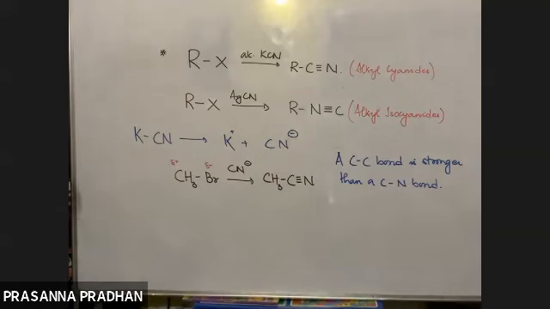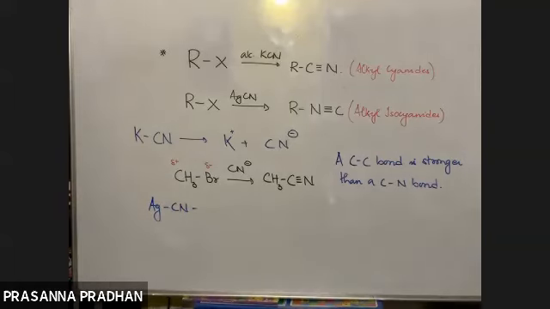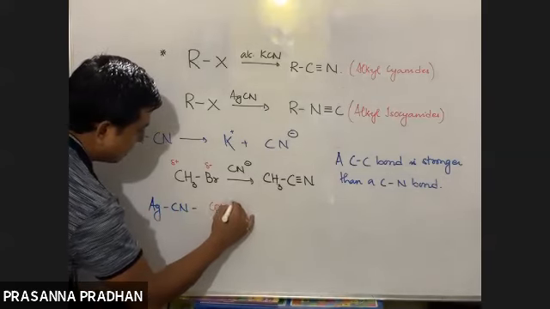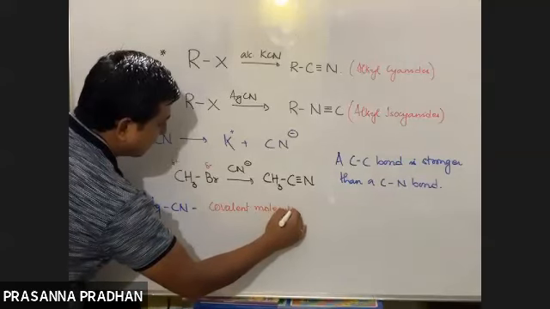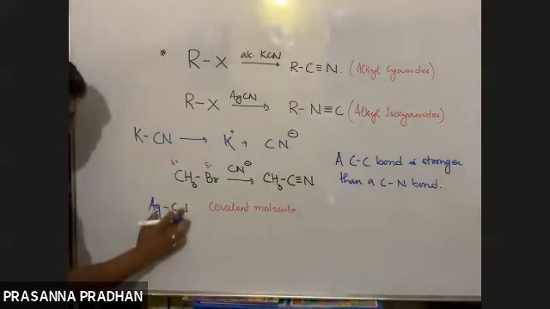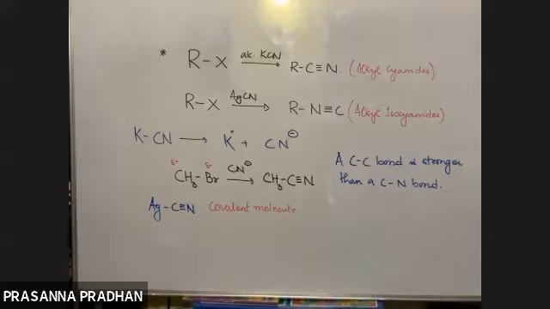But on the other hand, silver cyanide is a covalent molecule. It's not an ionic compound, right? So since it is a covalent molecule, which end is free out here? Is the carbon end free or the nitrogen end free? Is the carbon atom free?